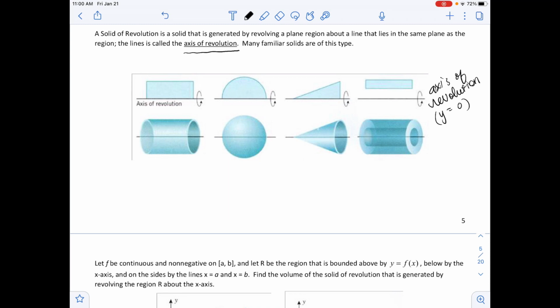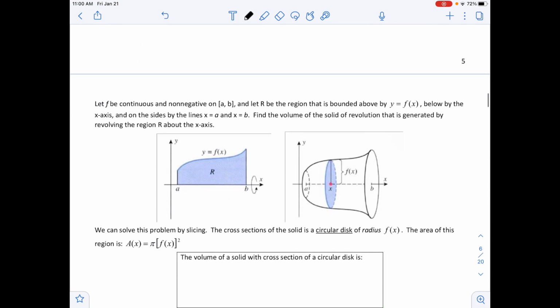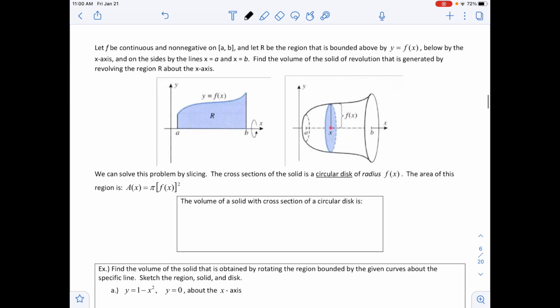And when you do that, it's going to create a new shape that we're going to be able to find the volume of. So let f be continuous and non-negative on the interval from A to B, and let R be the region that is bounded above by y equals f of x, and below by the x-axis, or y equals 0.